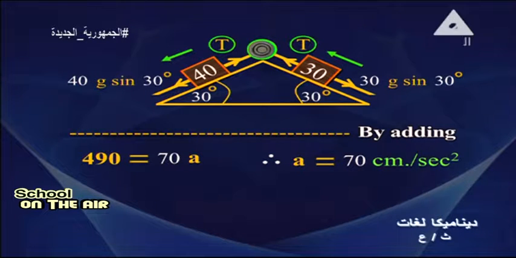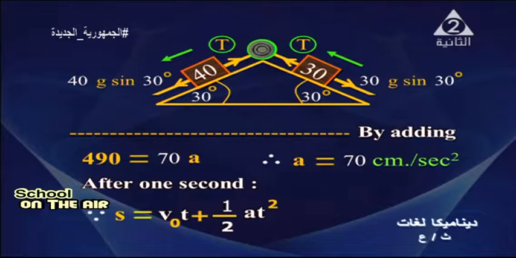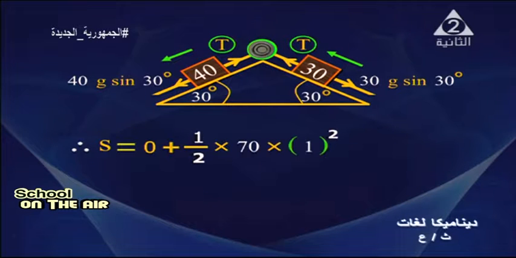What is the distance after 1 second? After 1 second, S equals v naught t plus half a t squared. We have the initial velocity equal 0, the acceleration 70, and the time equal 1. Then S equals 0 plus half times 70 times 1 power 2, which equals 35 centimeter.